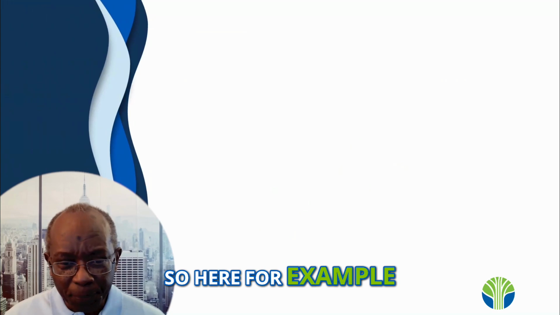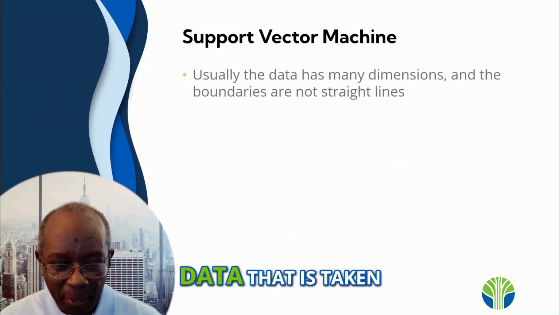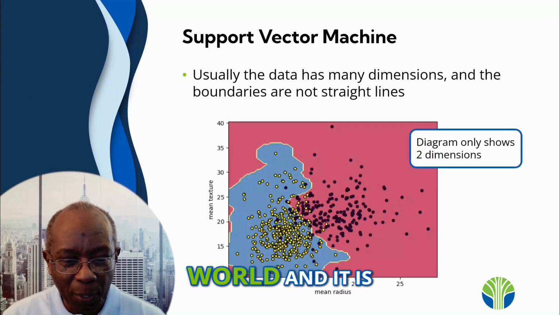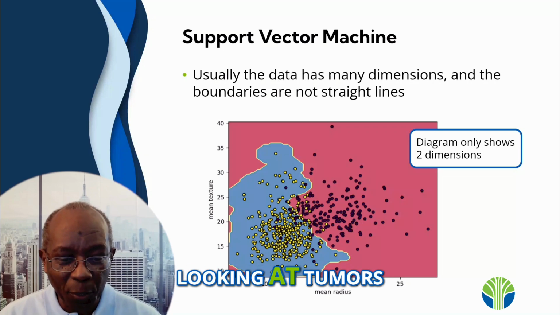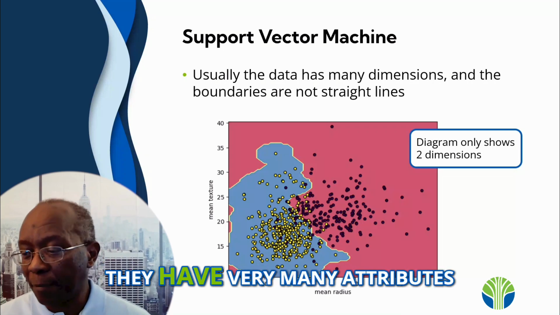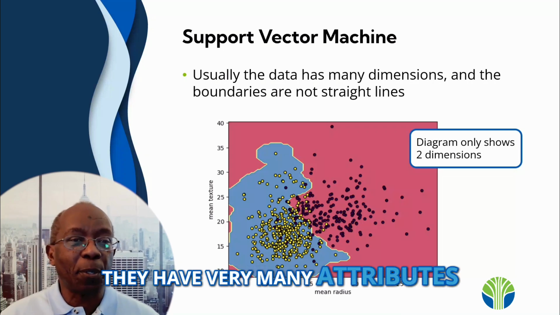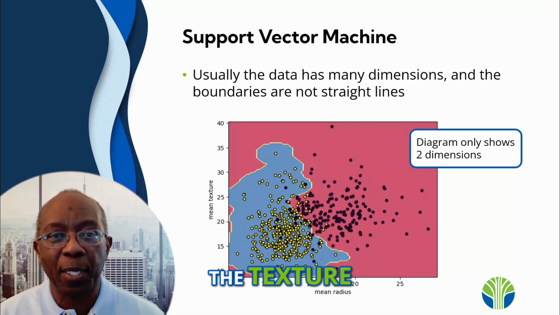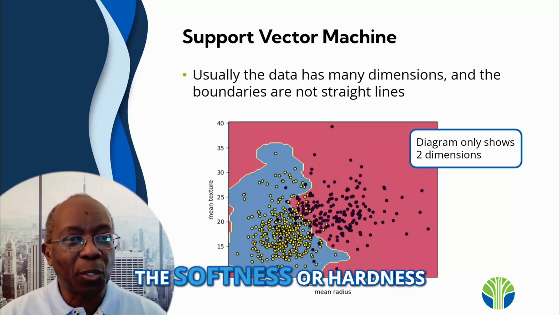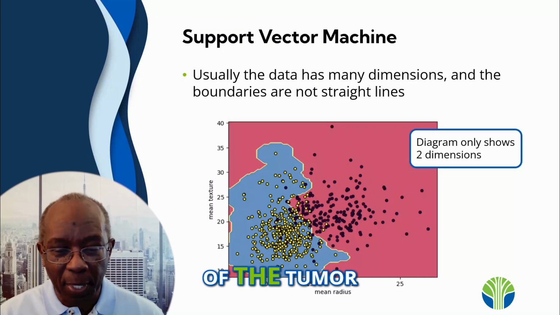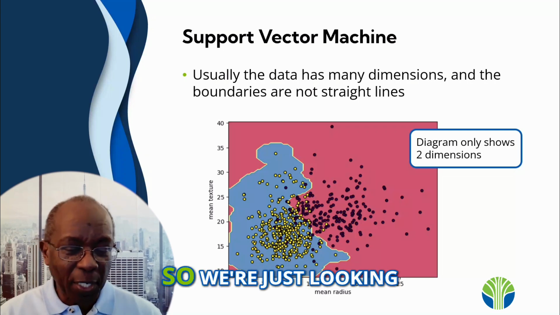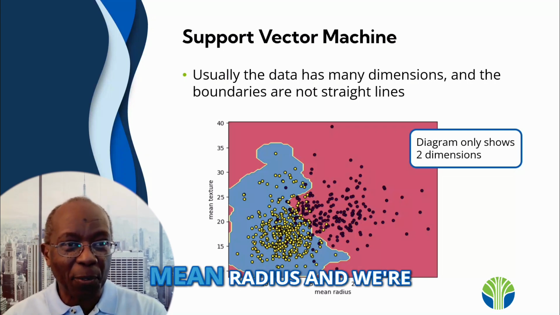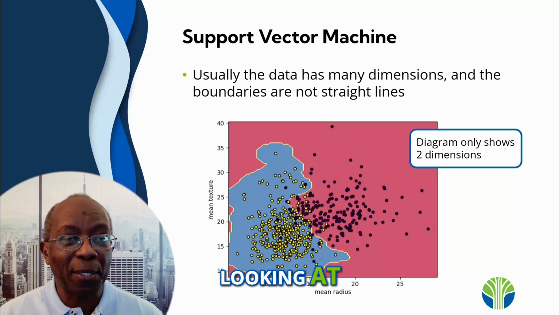So here, for example, we're going to look at data that is taken from the medical world, and it is looking at tumors. And when they look at tumors, they have very many attributes: the size of the tumor, the texture, the softness or hardness of the tumor, etc. So we're just looking at two of them. We're looking at the mean radius and we're looking at the texture.